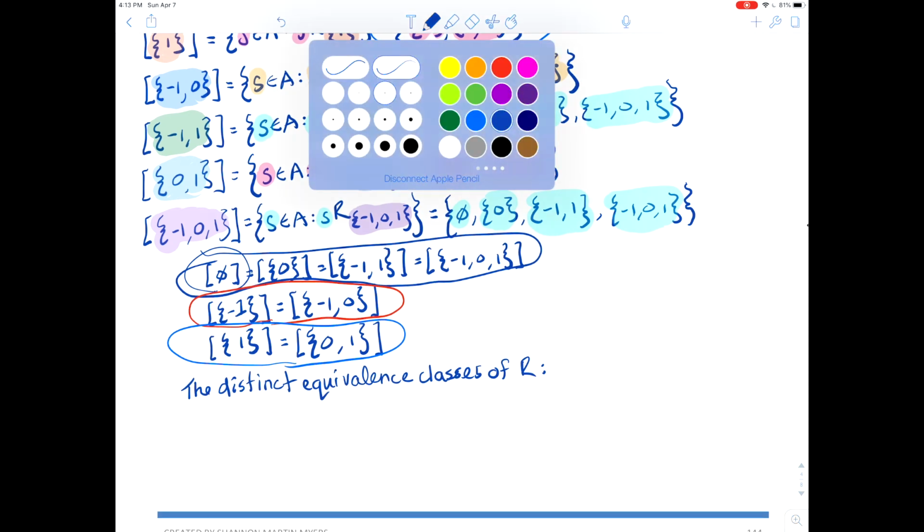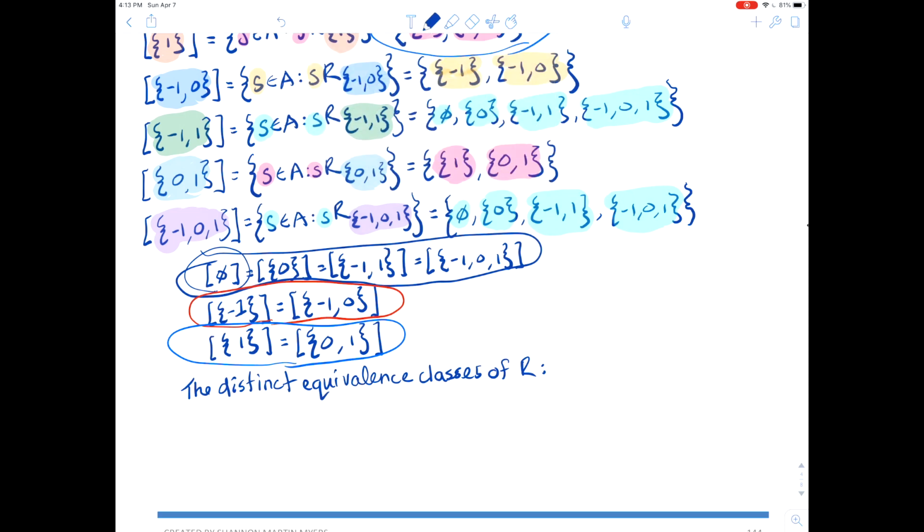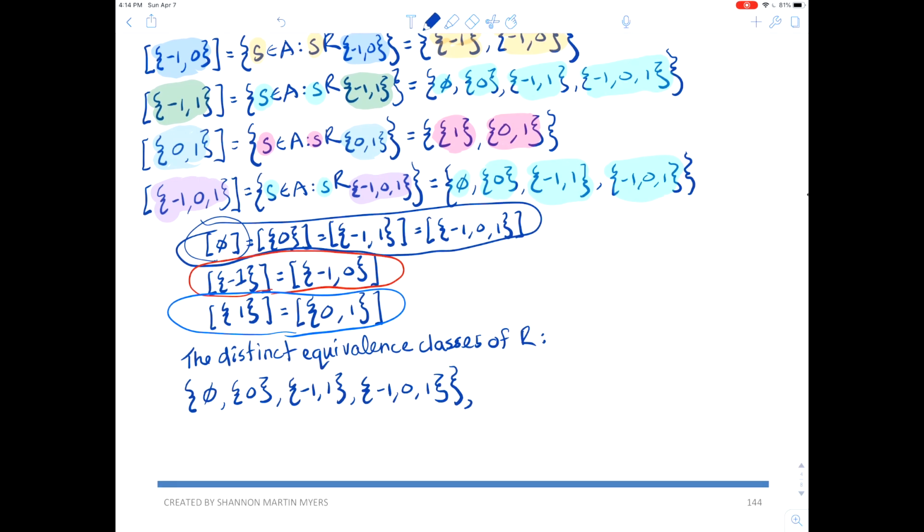And so now let's write it in. So that first set contains the empty set, the set that contains 0, the set that contains -1 and 1, and the set that contains -1, 0, and 1. And then that's our very first one. Our second set, I'm going to put them below each other so that you can see that they're each separate sets.